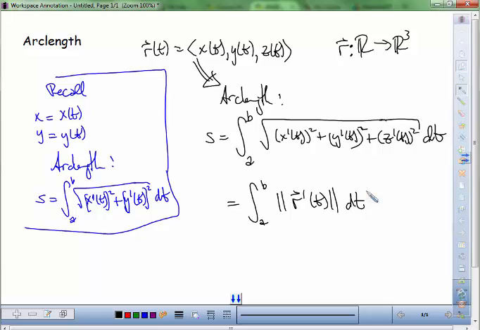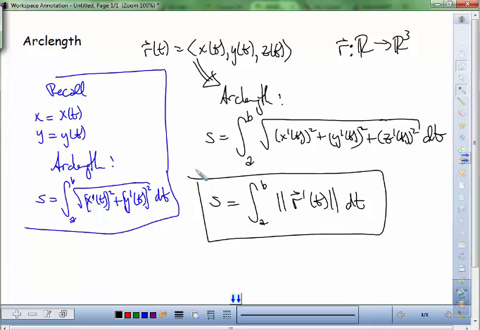The derivative of the components is just the velocity vector r prime of t. And then if you square each one, add them up, and put under a square root, it's just the magnitude. So here is our first important piece of information or formula. That's why we're calling it S, it's speed and arc length, so it's like a double S situation.